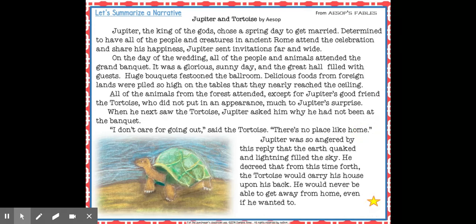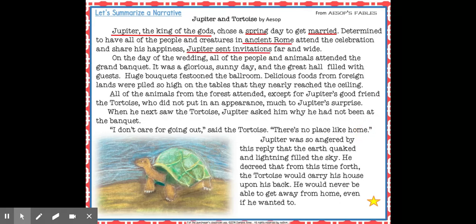So let's summarize this narrative. We need to underline our five parts of a story: character, setting, conflict, and so forth. Well, there's our character, setting, more setting.